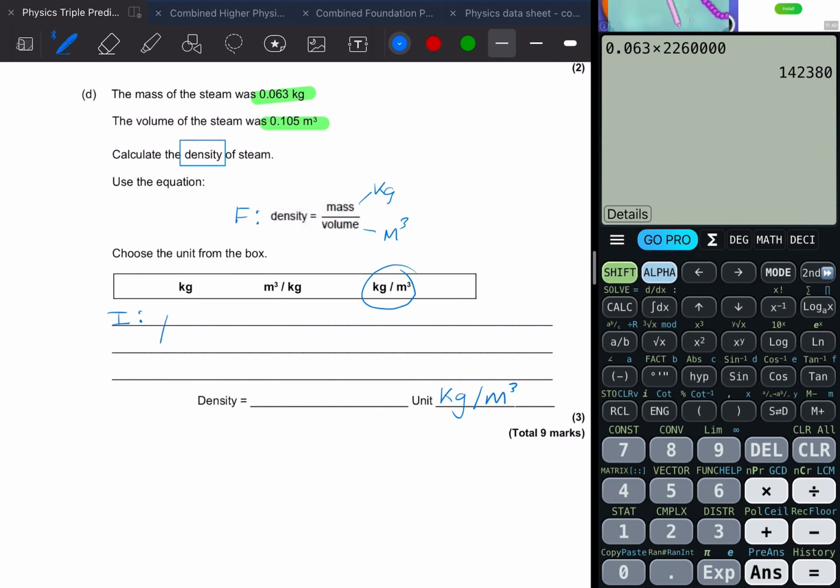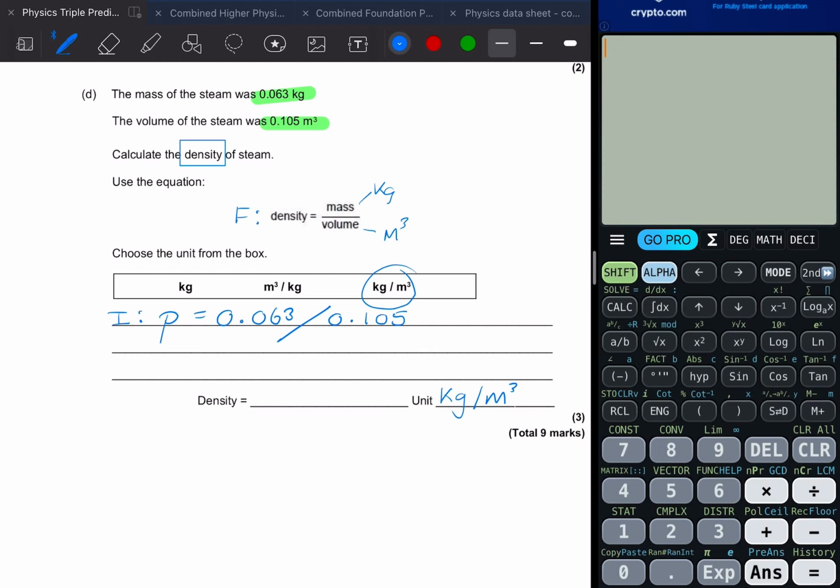So density we don't know, we can replace it with rho equals mass, 0.063. It's in kilograms, so it's the right unit. And we're going to divide that by our volume, which is 0.105 meters cubed.